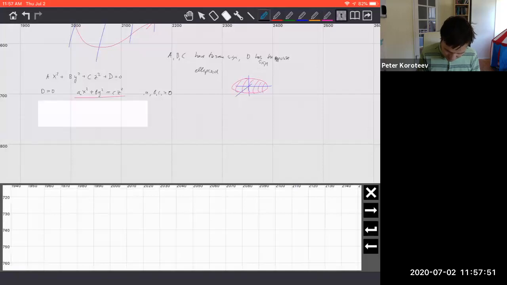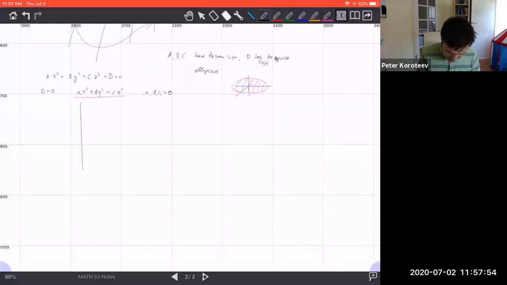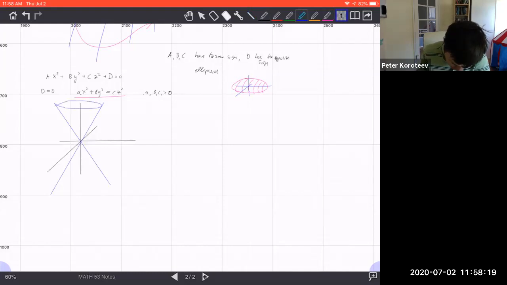Let's try to draw it. Now it's a slight modification on that, because the section perpendicular to the z-axis, or parallel to the xy plane, will now be an ellipse, as Hannah was saying.